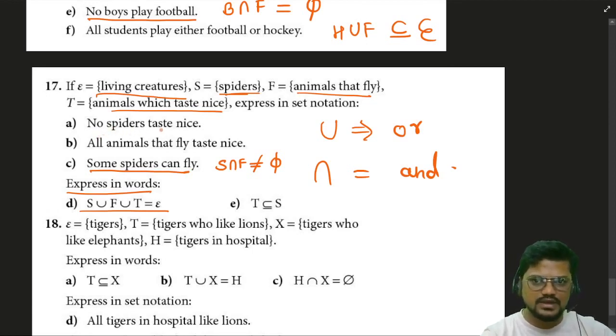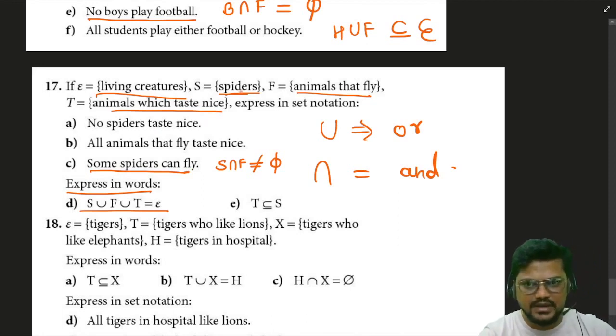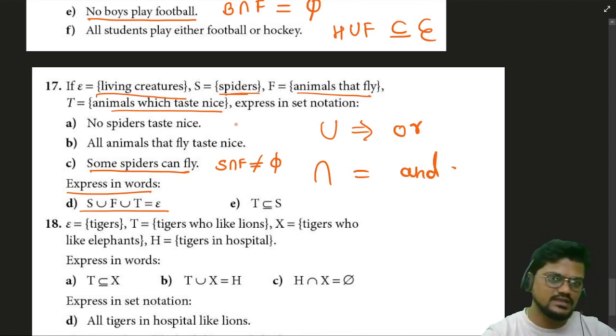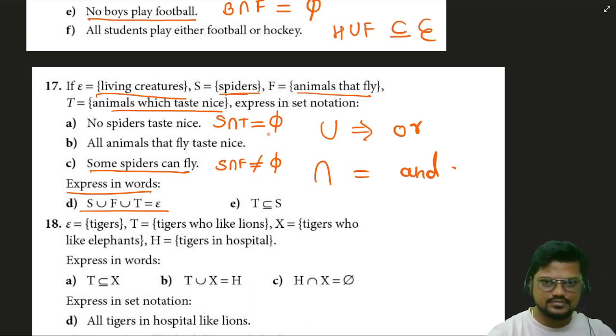No spiders taste nice. That means spiders and T do not have anything in common, that is, S intersection T will be an empty set. All animals that fly taste nice.